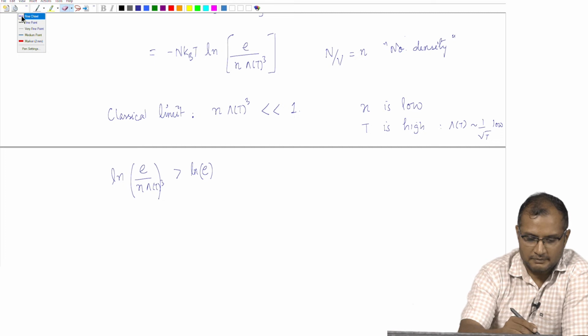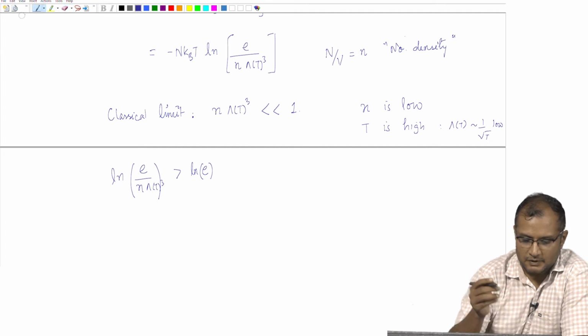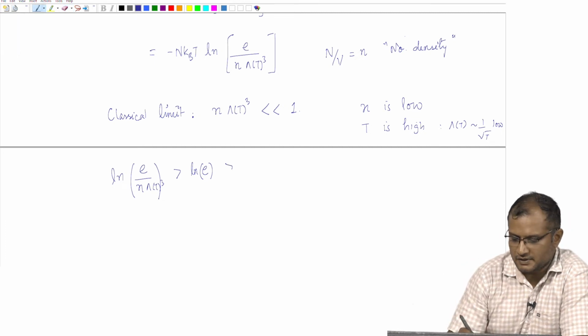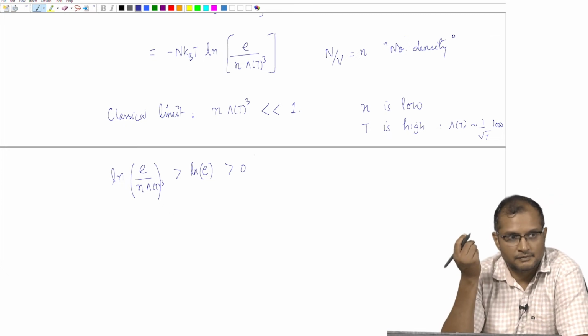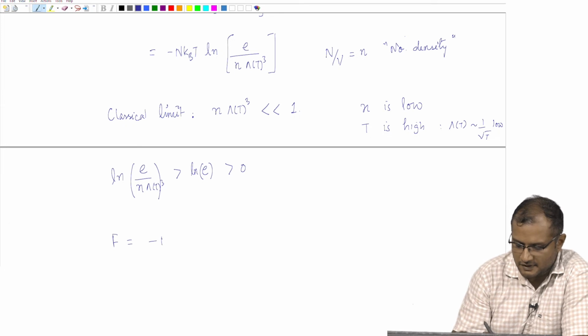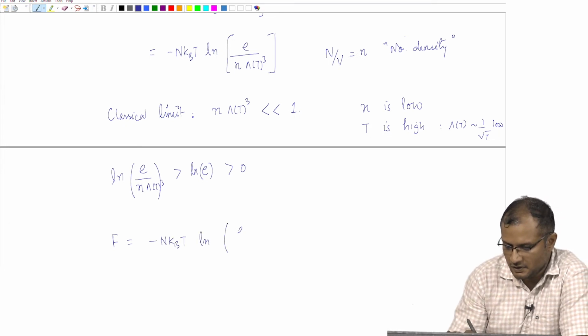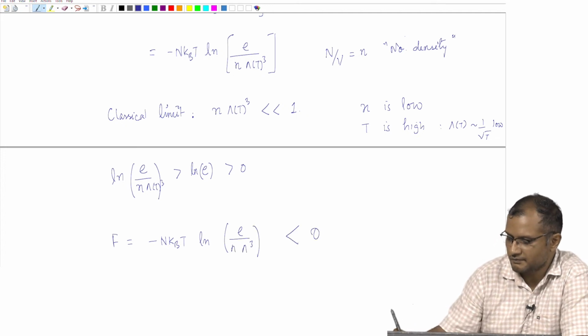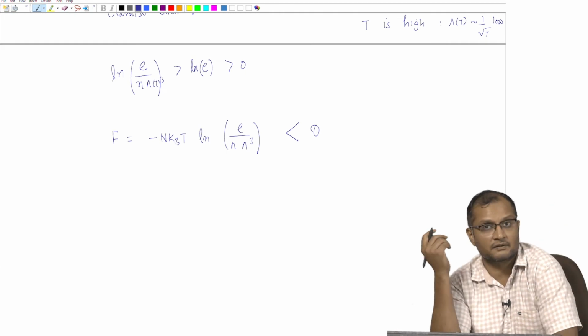I know that ln e is positive. So, which means my free energy, which is negative n k_B T into ln of e over n lambda cubed, must be negative. So, that proves my free energy should be negative.